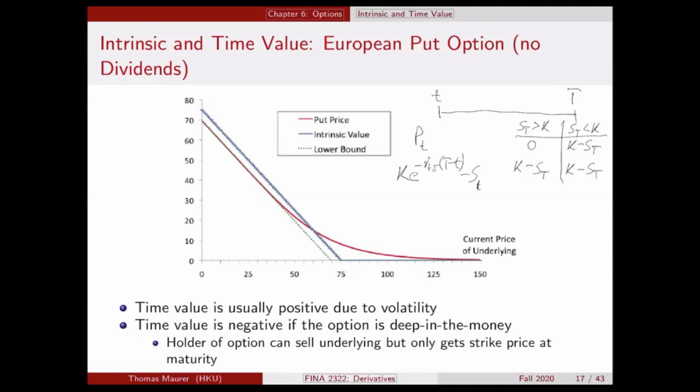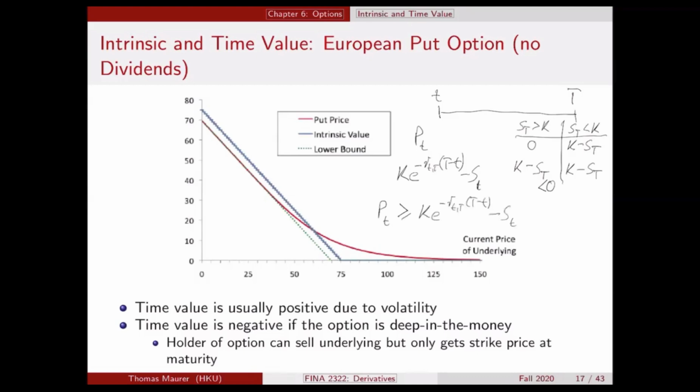But in the case where S is larger than K, we get a negative payoff from lending money and short selling the underlying asset, while the payoff of the long put option is 0. Therefore, the put option has a more attractive payoff than this alternative strategy, which means that the price of the put option has to be larger or equal than the price which you pay for lending money and short selling the underlying asset.